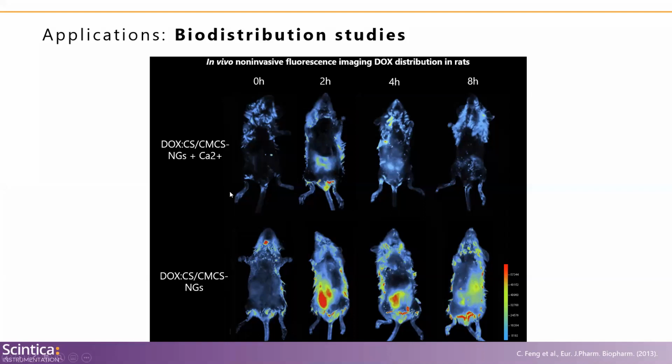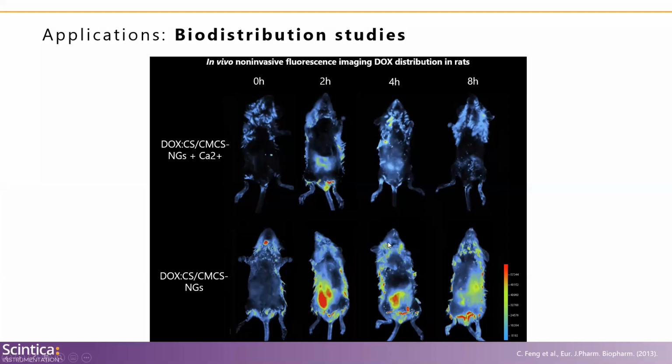And so you can see really nicely, we can see the whole body. Because this is a biodistribution study, this group may have not known where these nanogels were going to go. And so it's a really great way to get that whole body visualization, and it's very easy to compare one condition to the other.